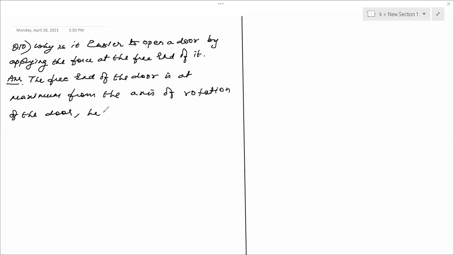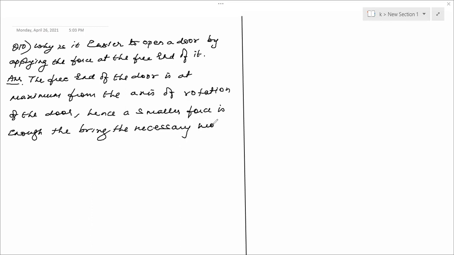Hence, a smaller force is enough to bring the necessary moment of force for closing or opening of a door.